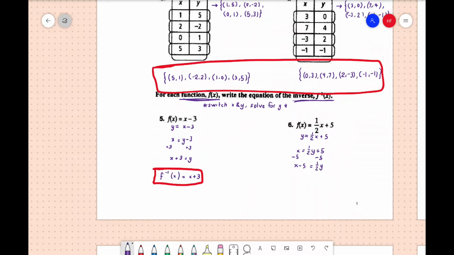Still need y by itself, so I'll multiply by 2. This is going to distribute that 2 here. So 2x minus 10 is equal to y. Y is isolated because it's the only thing on the right. I'm going to write this as the inverse of f is equal to 2x minus 10.